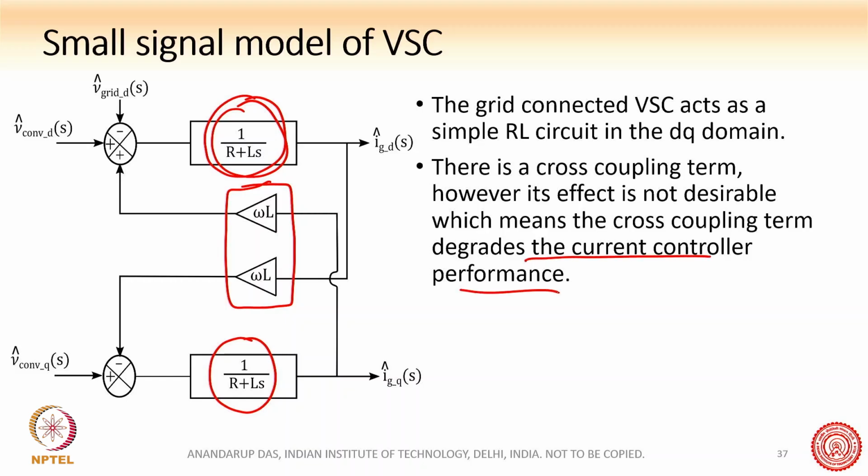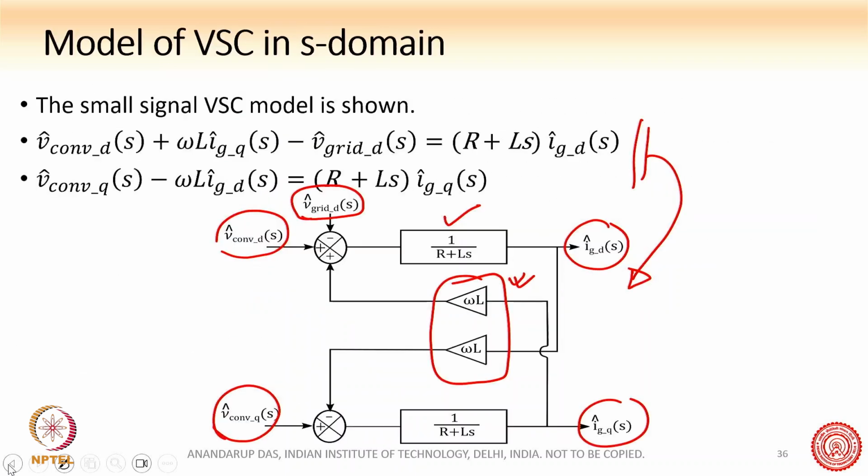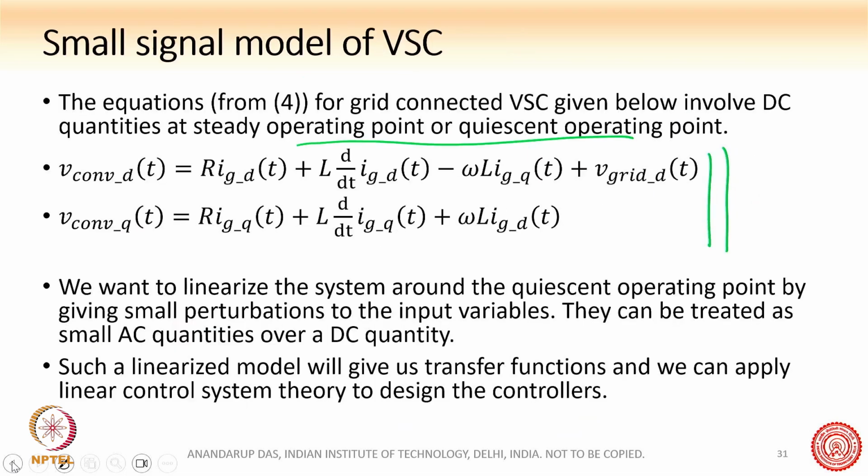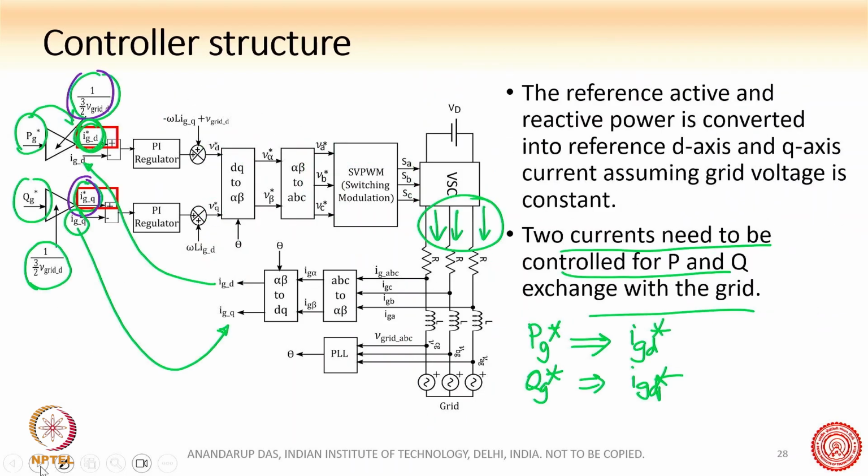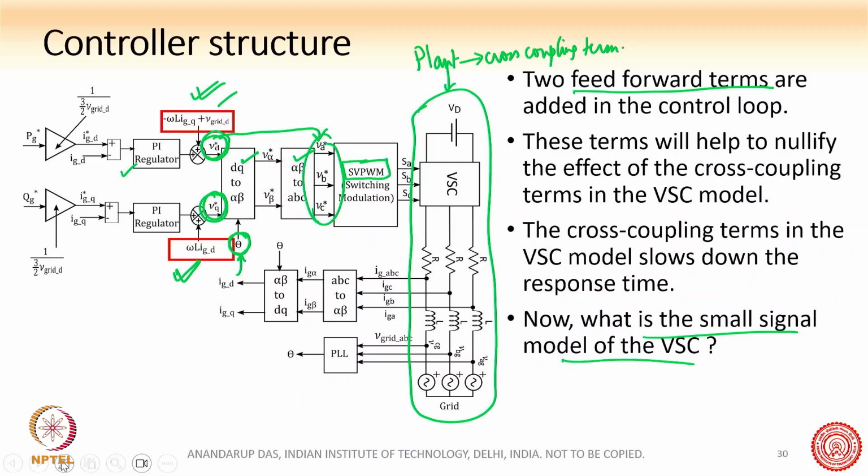But we have seen in some of the previous slides, you can see here, remember we have already added this term here and this term here. We already added these feed forward terms. This was added precisely to take care of those cross coupling terms, and the v grid d.